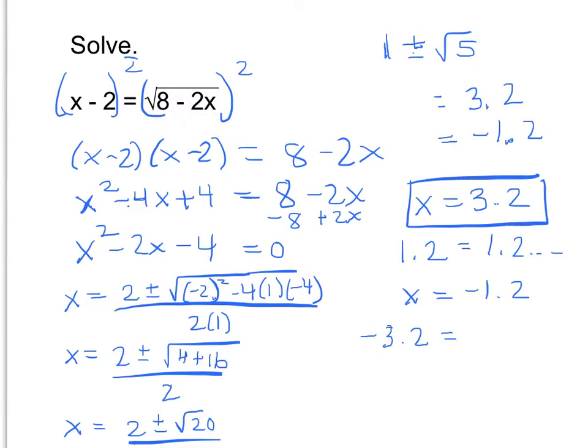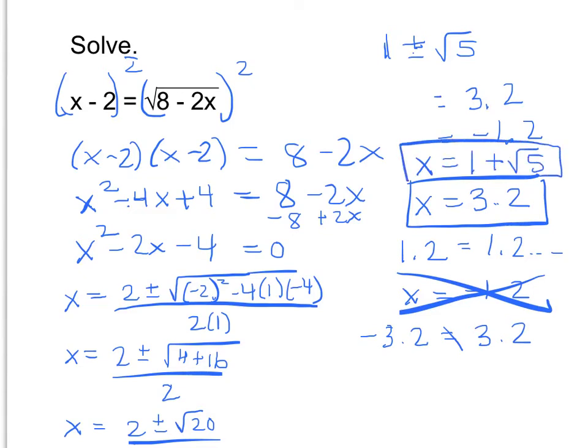But just to carry it out, if I put negative 1.2 in up here, 8 minus 2 times negative 1.2 square rooted is a positive, oops, a positive 3.2. So because that doesn't equal, I know that solution is extraneous, hence the only solution is 3.2, or if you prefer, that was the 1 plus root 5 if you want to keep that in exact format.